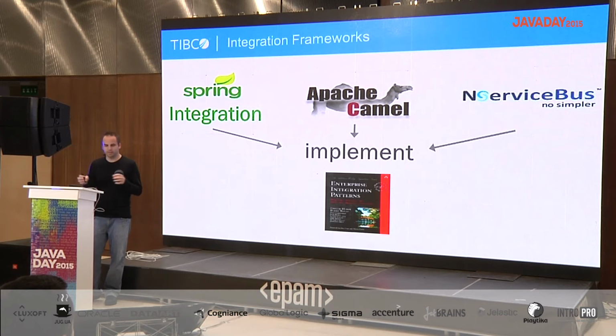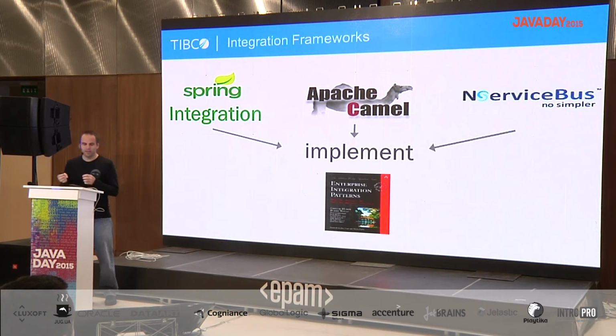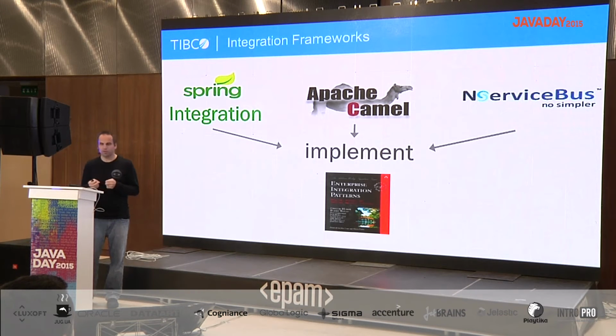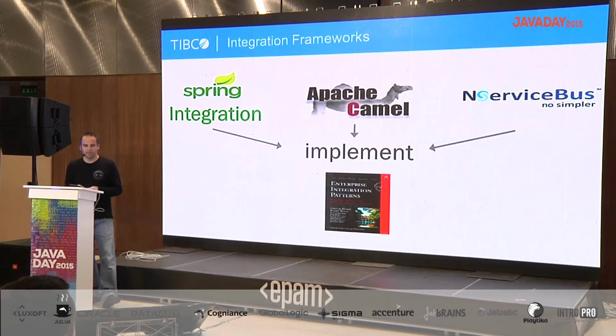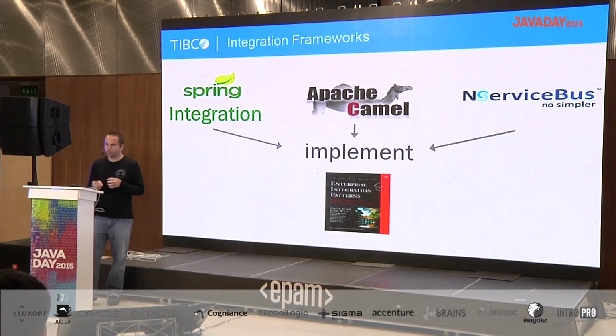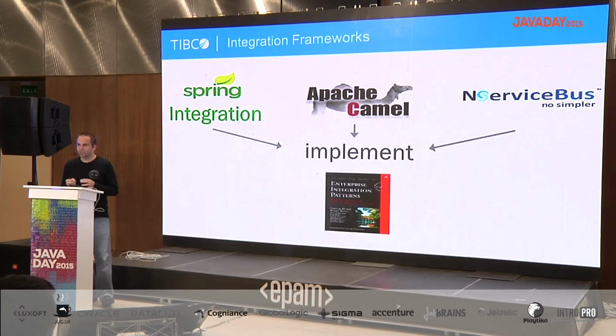It has in my opinion, but it's my personal one, the best features, the best community or the biggest community, and so should be the main focus if you want to use an integration framework in the Java platform. The only difference maybe is if you're really using a lot of the Spring framework already, then Spring Integration might be the better choice here. But also Apache Camel has a lot of Spring integration, so maybe you also Google it a little bit for the differences and then make your decision.